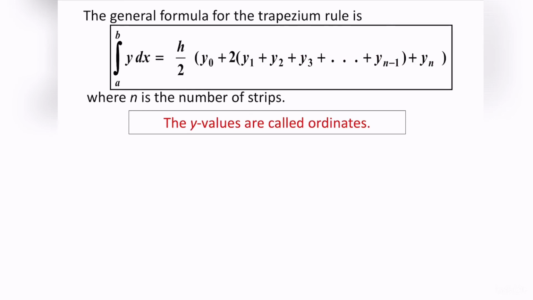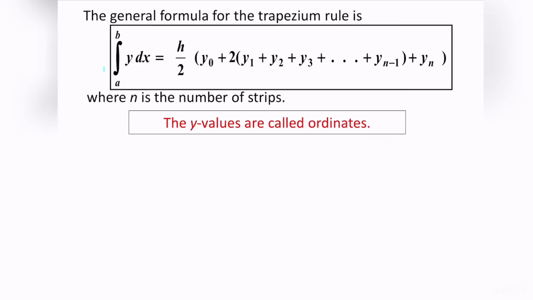So the general formula for the trapezium rule is the integral from a to b of y dx equals h, which is the width, as I said, divided by 2, and multiplied by y0 plus 2, y1 plus y2 plus y3 until plus yn minus 1 plus yn. And if you want to put the yn at the front, that's fine, nothing wrong.